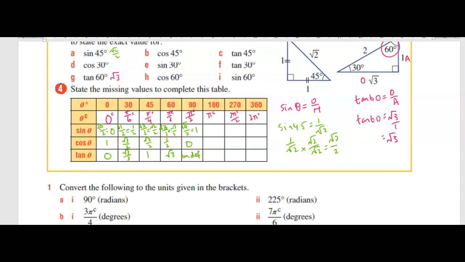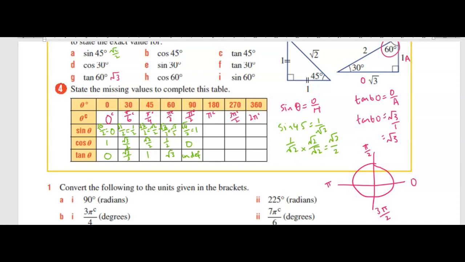Now, for the rest of them, the 180, 270, and 360, I'm just going to draw a unit circle over here. So this is 0. You can write it in radians or degrees. I might start writing in radians because that's what we're going to be using mostly.